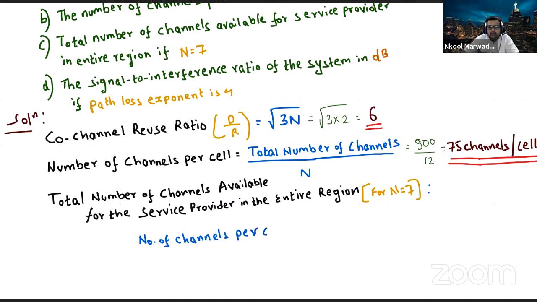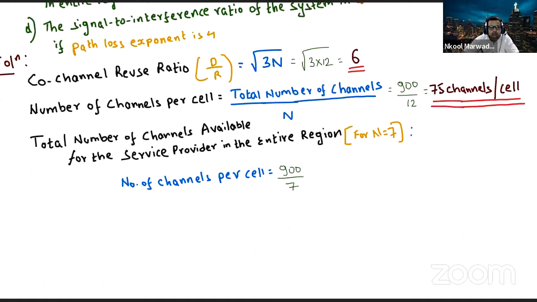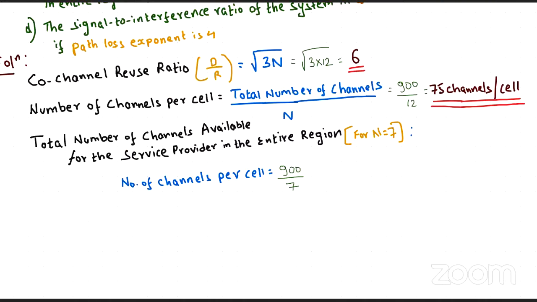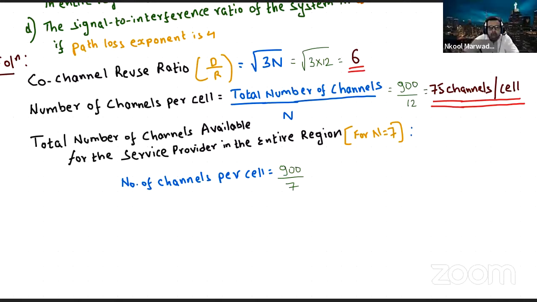It will be 900 divided by 7. And the total number of channels in the entire region will be 900 by 7 into 120, into 1.